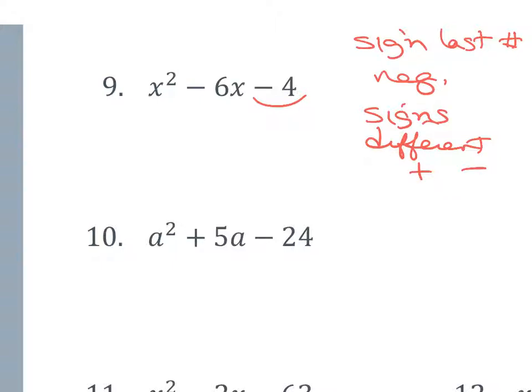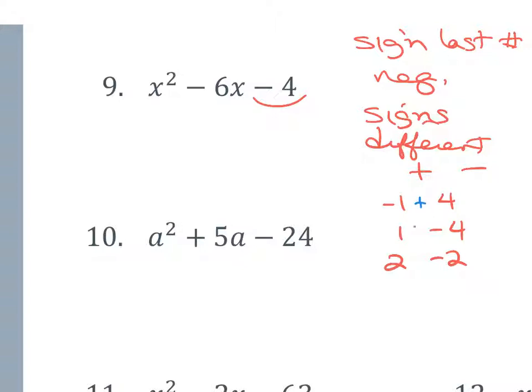So now I'm going to list the factors of -4. So I could have -1 times 4. I could have +1 times -4. I can have +2 times -2. And now I'm going to go back until I find the one that when I add them, and in this case it'll be subtracting because my signs are different.